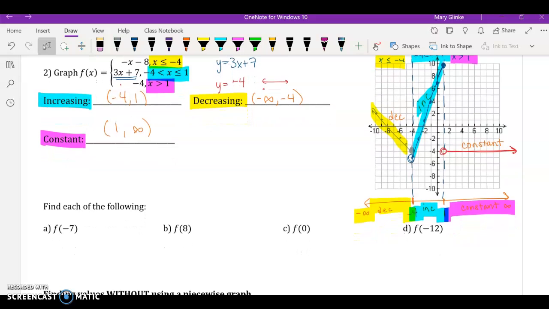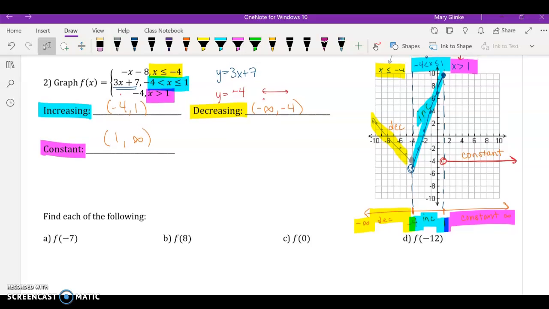For the next one, we're going to be evaluating these different functions. We can look at the graph to do this, or we can look at the equation. This first part is asking us, when x is -7, what is your y value? You're used to doing these problems, but you're used to only having one equation, and you'd say, what was f of -7?